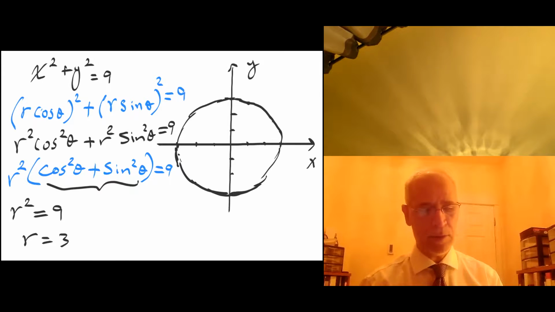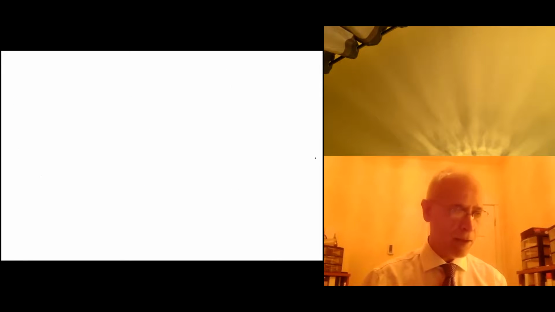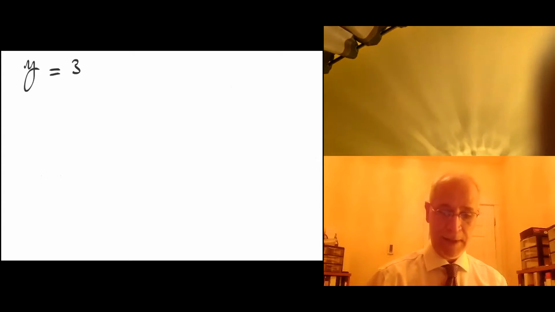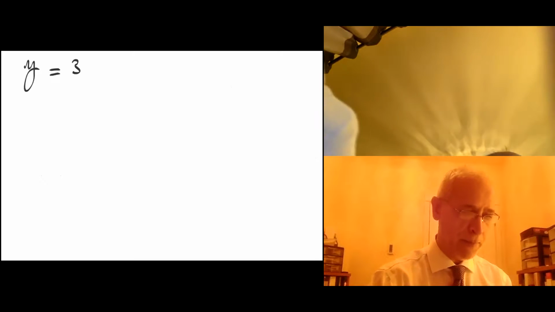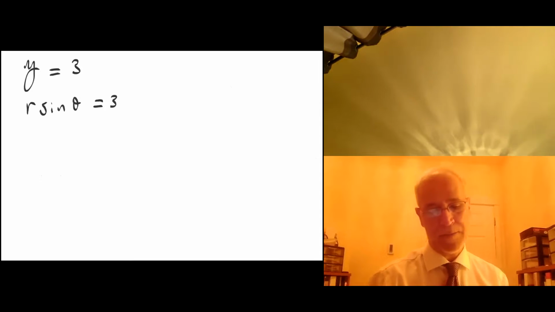Let's do a couple more converting to polar coordinates. Suppose we have something as easy as, let's say, y equals 3. What do I know about y? I know y is r sine of theta equals 3.